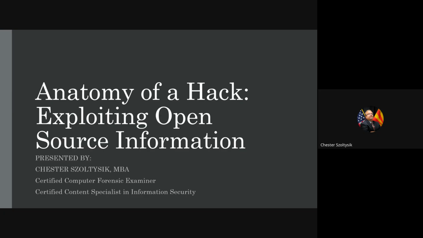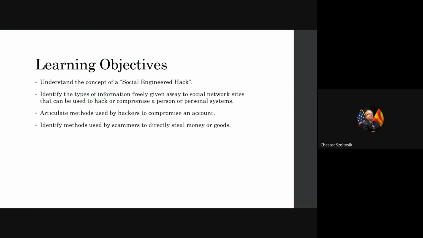So if we go through our learning objectives real quick, I want to make sure that at the end of this presentation, everyone understands the concept of a social engineered hack. And I want everyone to be able to identify the types of information that we all are freely giving away to social network sites.